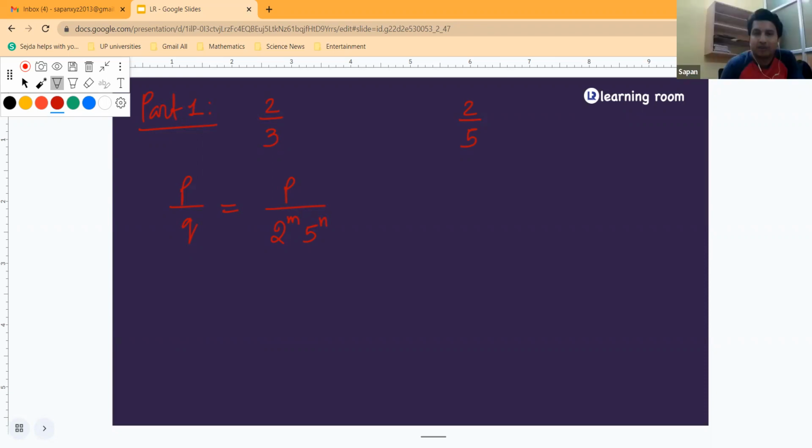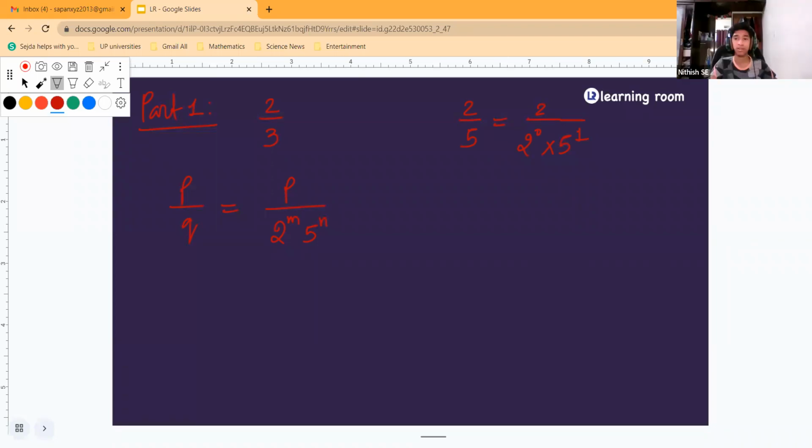They are the powers of 2 and powers of 5. For example, I could write 2 by 5 as 2 divided by 2 power 0 into 5 power 1. Yes or no? Yes, sir. But 2 power 0 is 1, so it is 1 into 5.